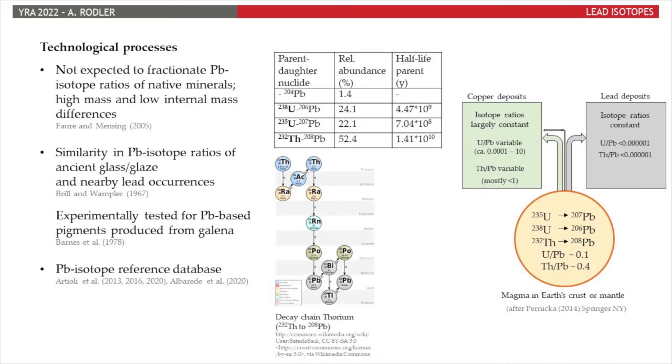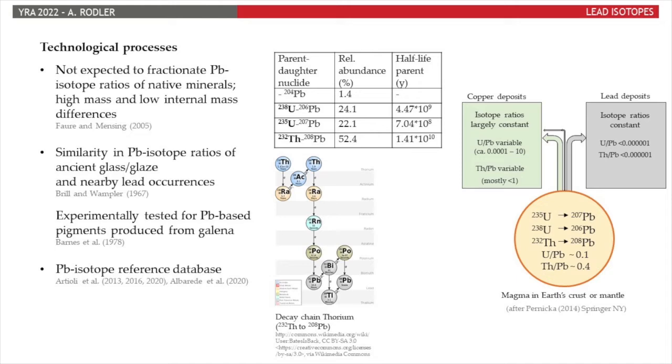So for my presentation, I will focus mostly on lead isotopes. This is what I use for my research, and it was quite commonly used in archaeometry. An important aspect is that technological processes are not expected to fractionate lead isotopes between the raw material and the finished product. There have been some examinations of ancient glass and clays, for example, and lead occurrences that were close by and assumed to have been used.